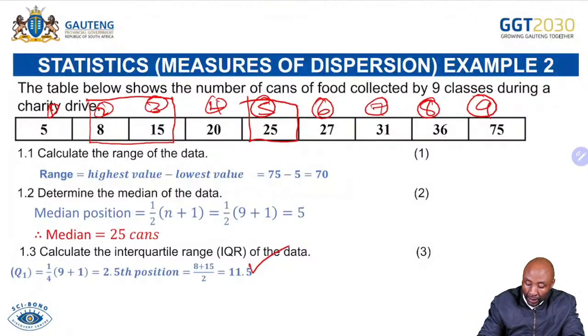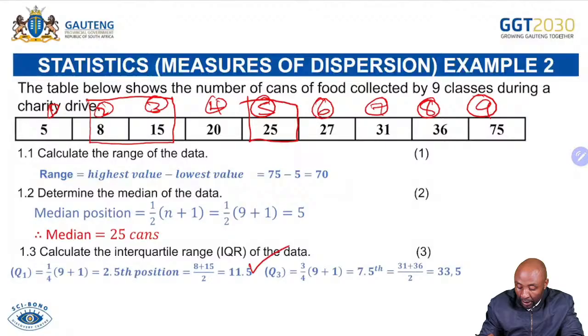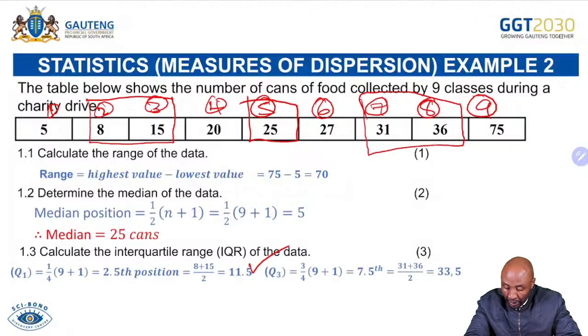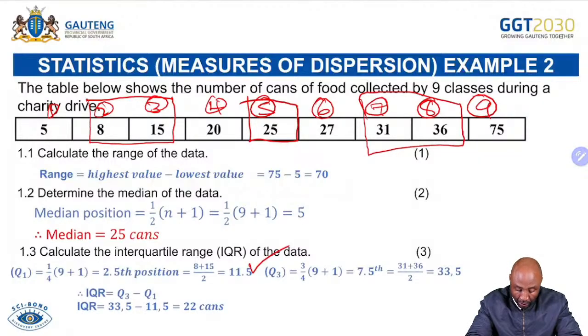The upper quartile will be 3/4 times 10. That gives us position 7,5, which means we take the data item in position 7 and 8, we add them together and we divide by 2. That will give us 33,5. From there on, interquartile range is given by Q3 minus Q1, and that will give us 22 cans.